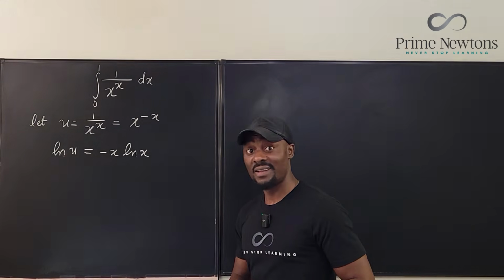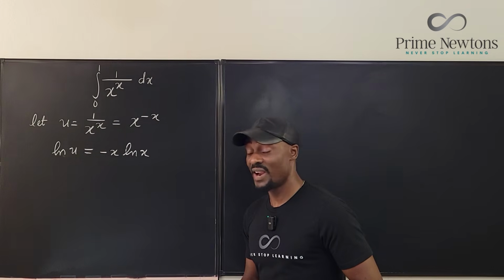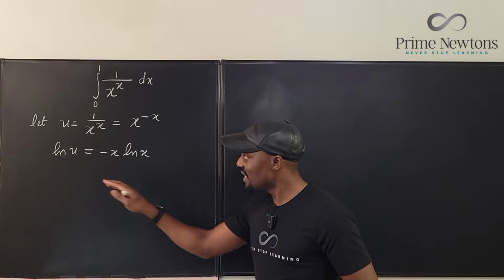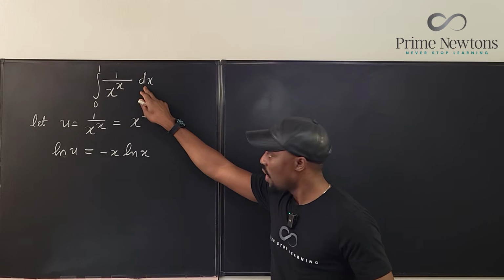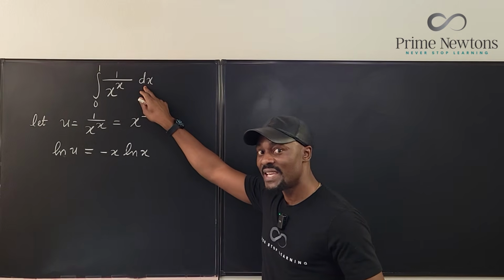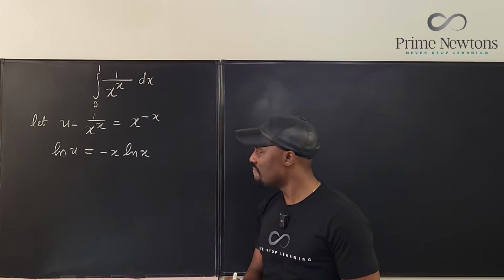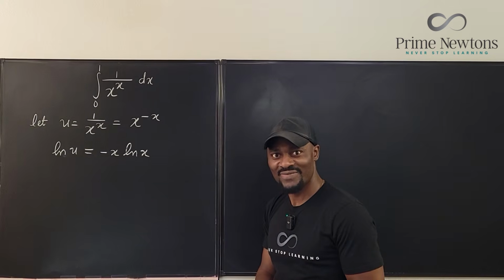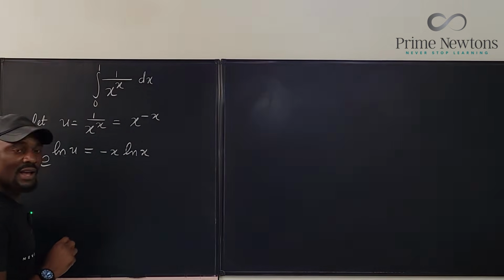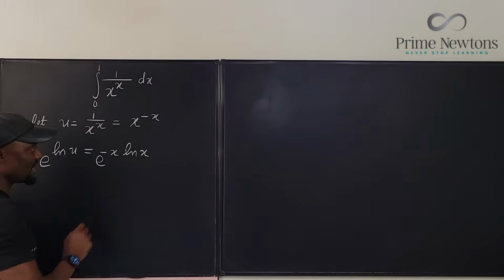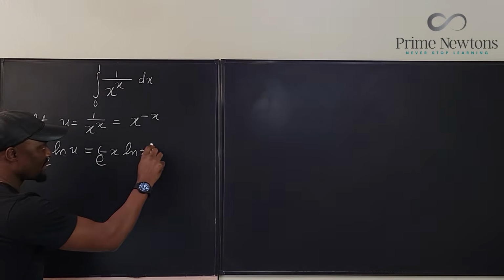Let's start afresh. We really don't have to start afresh. Let's keep going. Instead of taking the derivative so I can change this to du, what about if we do some transformations? Look, if I raise this to power e, I can also raise this to power e, like this.